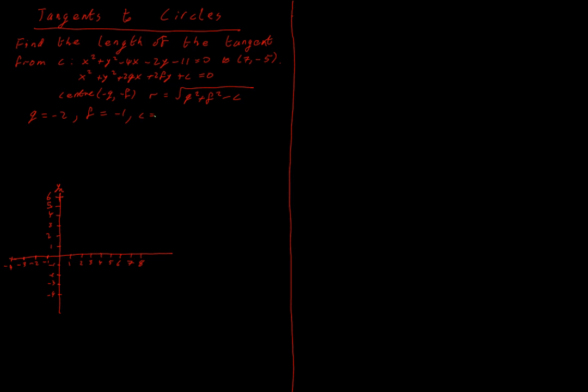And c is going to be -11. Using that information, I know that the radius is going to be the square root of (-2) squared plus (-1) squared minus (-11).